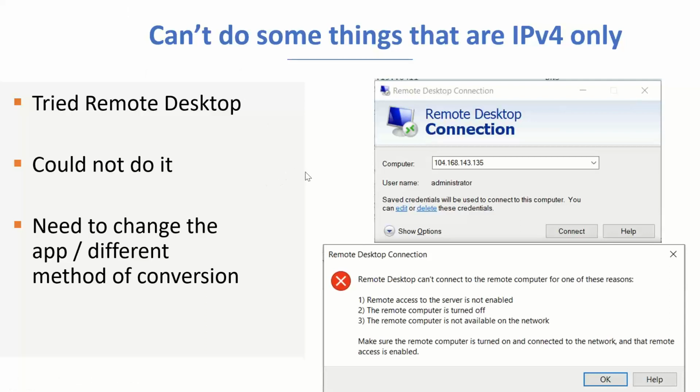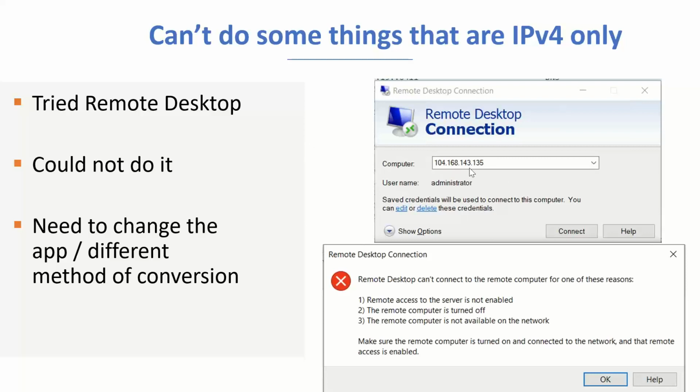Then I tried a couple other things. I said, well, let me try some things that are V4 only and that are not going to work through DNS64. And we'll talk about why this didn't work through DNS64.